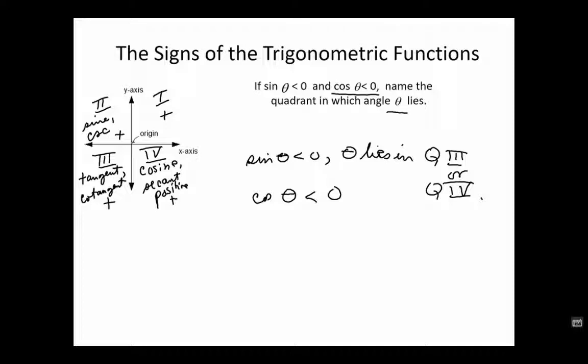Because quadrant 3 is now the only quadrant in which cosine is negative and the sine of theta is negative, we conclude what? Then we have to conclude that theta lies in quadrant 3.